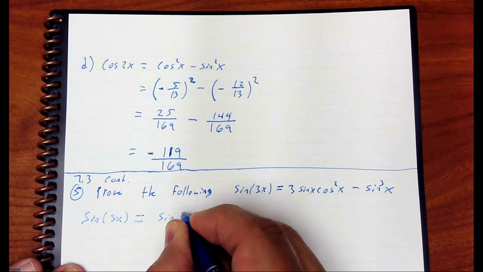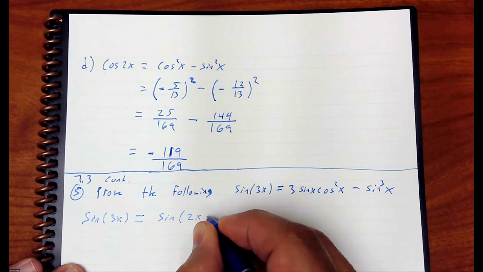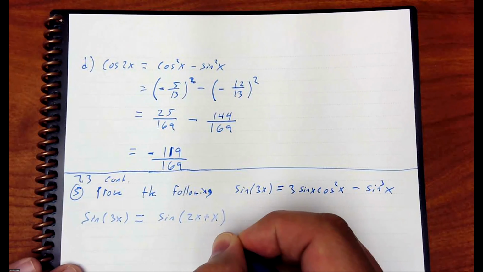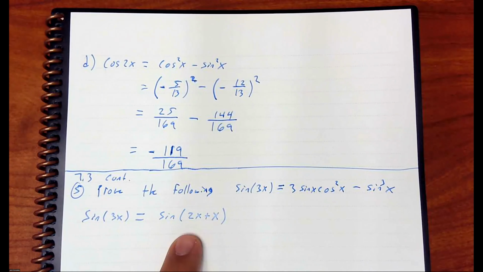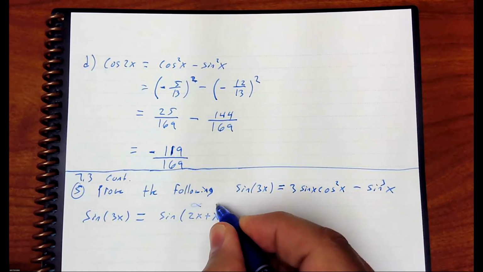Do you agree that sine 3x is the same as sine of 2x plus x? So apply your sum of angles to this. That way I can take advantage of the 2x because we have a lot of double angle formulas. Make this your alpha and beta.